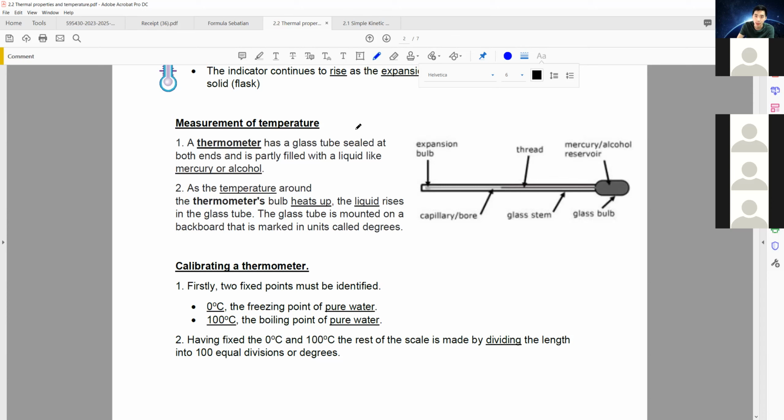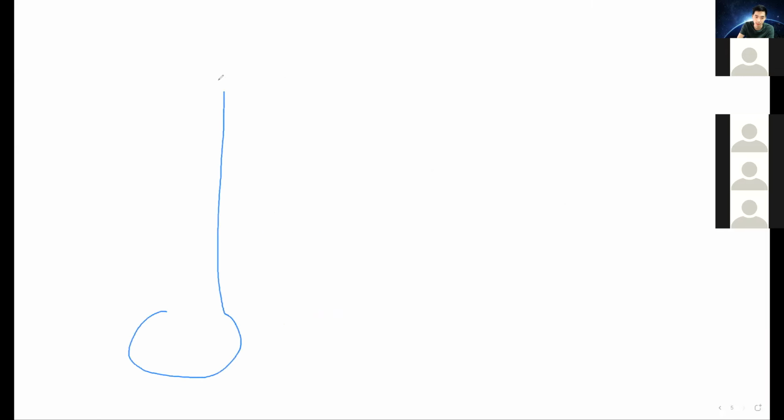For example, if today I have a linear expanding liquid, let's say this is my thermometer here, what's going to happen is the distance between each reading is going to be consistent, like for example 0, 1, 2, 3, 4, 5, 6, 7, 8, 9, 10 degrees.